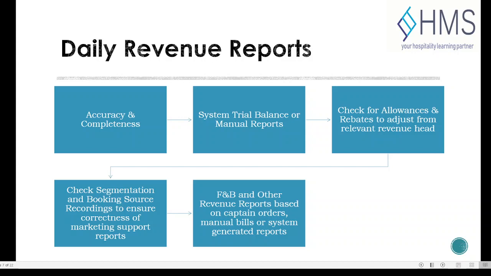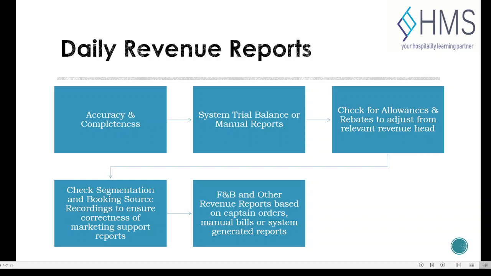If the hotel is using an automated system, then it's easier. But if the hotel is using a manual system, then it takes even more time. They cannot check each and every captain order, but they do a spot check to make sure that all the captain orders which are issued have either been translated into the check, or are cancelled or void and there is a reason for it, right?